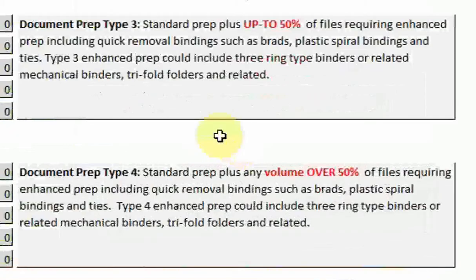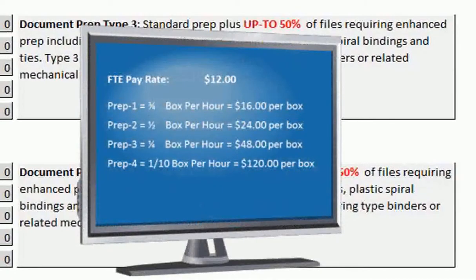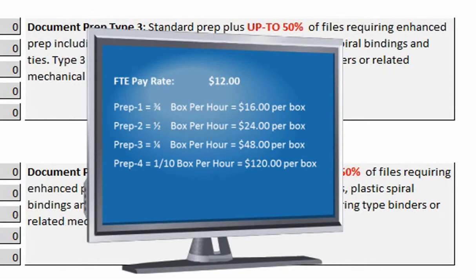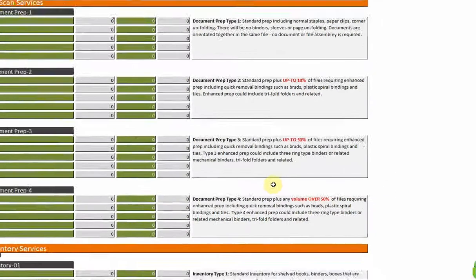Document prep 3, which would be considered an even more increased work effort, would equal to processing only an average of 1/4 of a box per hour. The increased work effort could include up to 50% of the documents in this box requiring an enhanced prep effort or premium prep service, such as removing pages from brad fastened folders, spiral bound notebooks, and etc.